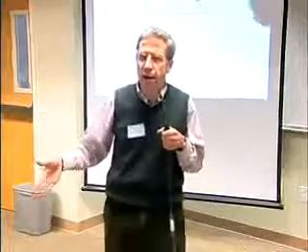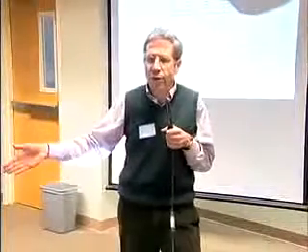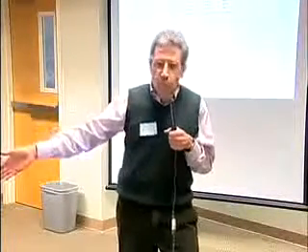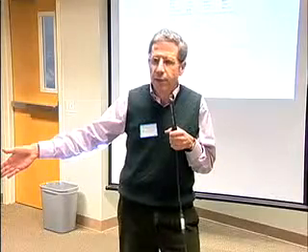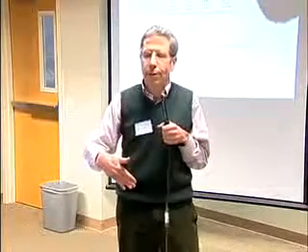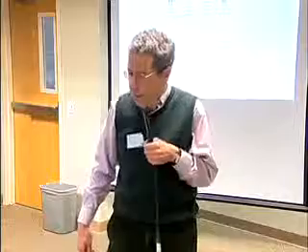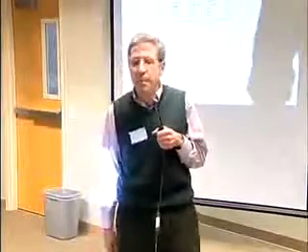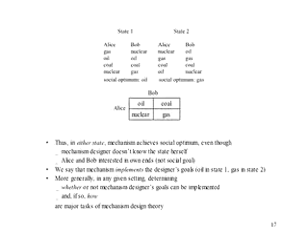So we found a mechanism which reconciles the private preferences of the participants with the social preferences of the designer. And we say that this mechanism implements the designer's goals in this example.